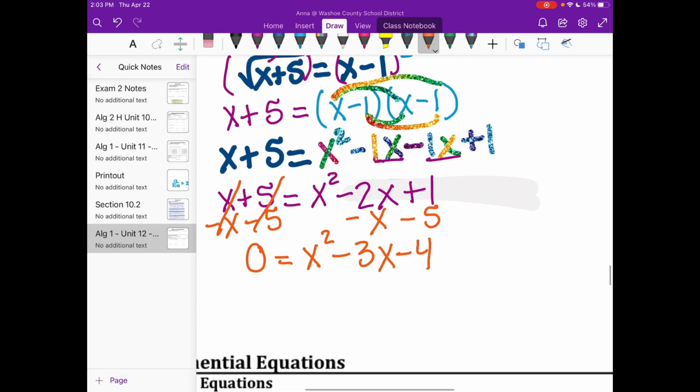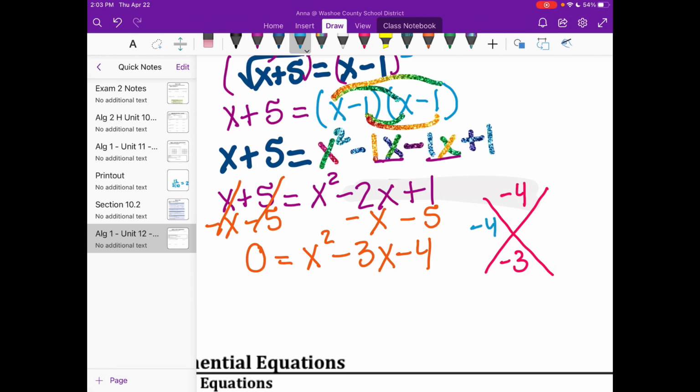Okay, I got a trinomial again, and I am crossing my fingers x works, because I know we don't want a quadratic formula. It's okay. So, I have negative 4 on top, negative 3 on the bottom. So, two things that multiply to make negative 4 and add to make negative 3.